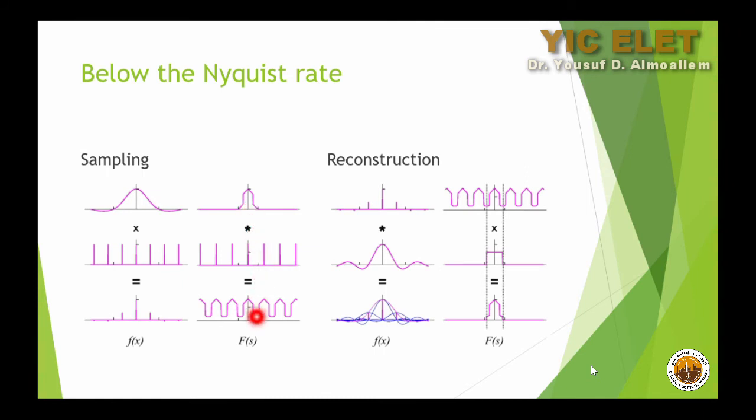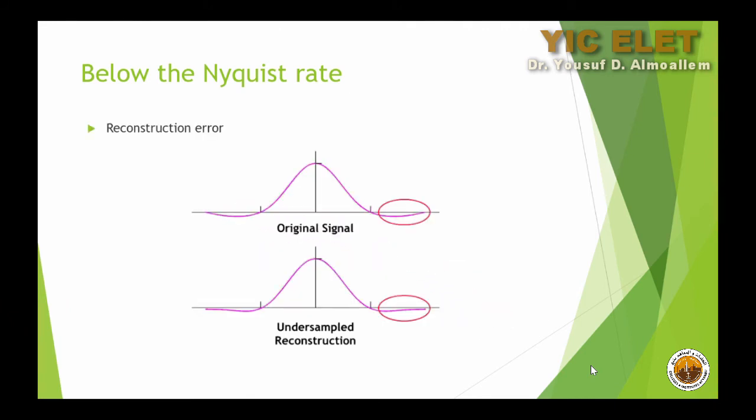So we will get an overlap between the signals. And after we reconstruct, if we multiply this by rect, we will get this shape, which is a bit different than this shape. And this will be clear if we could see it here. So the original signal and the recovered signal are a little bit different.